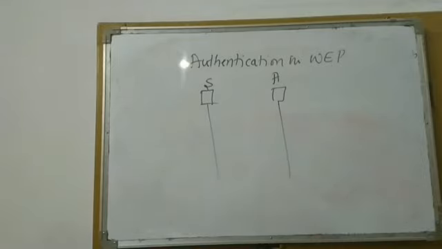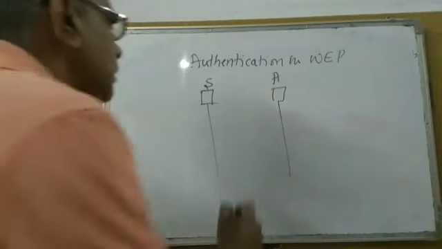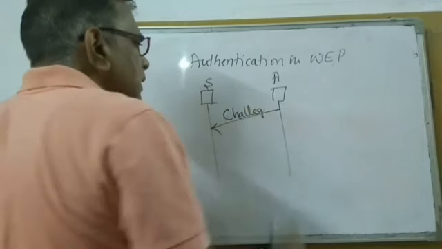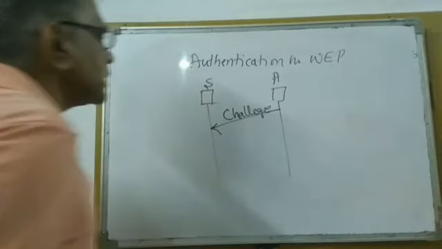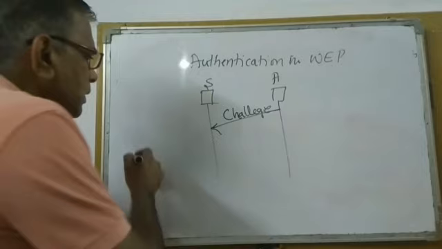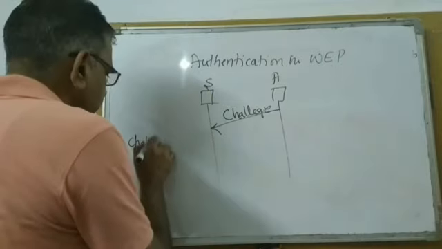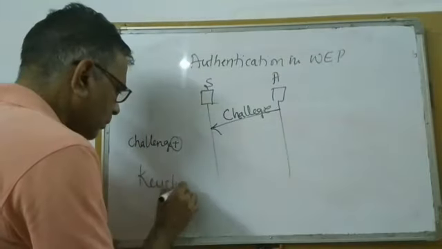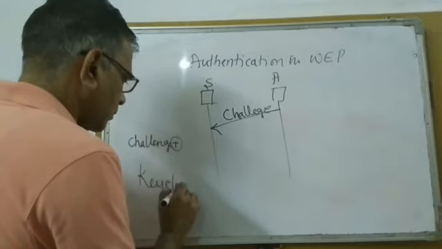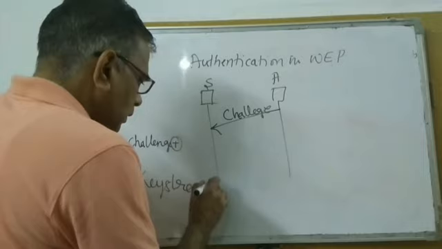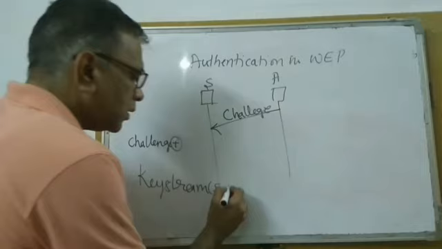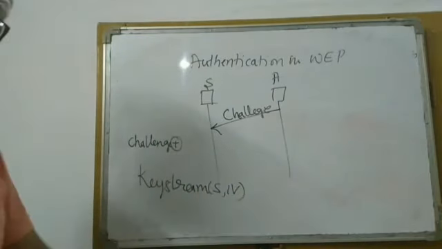In this case, a challenge is generated by the AP, a kind of nonce, which is sent to the station. The station then uses this challenge and a key stream, generated by a function with the shared secret and initialization vector as input.